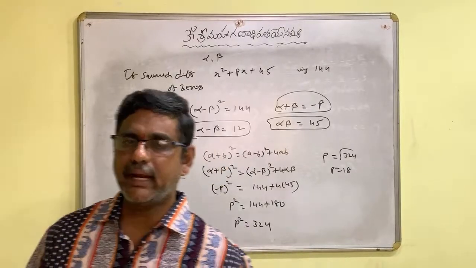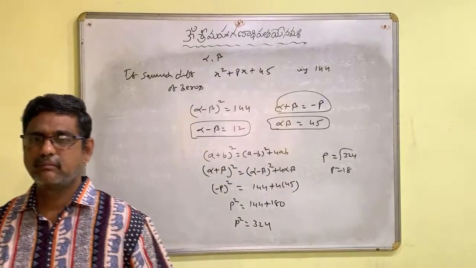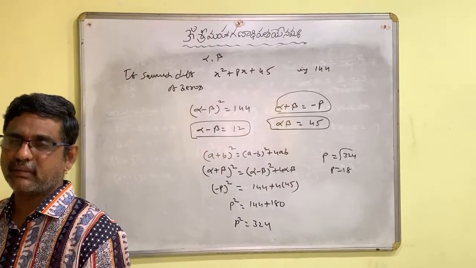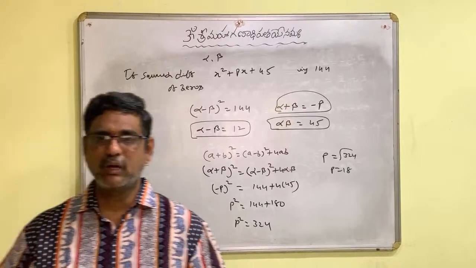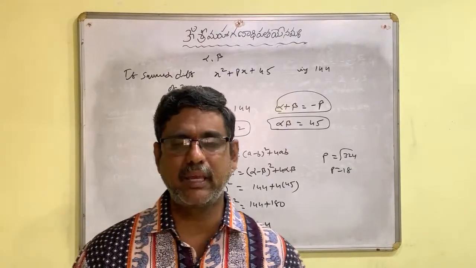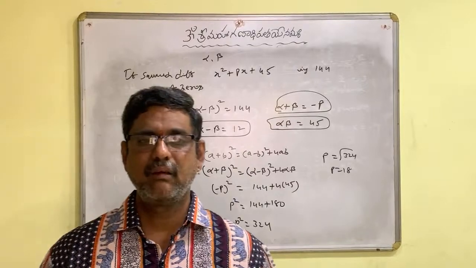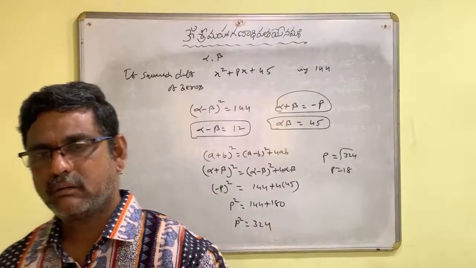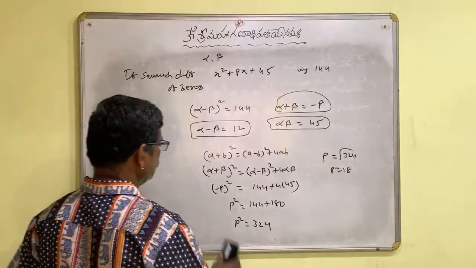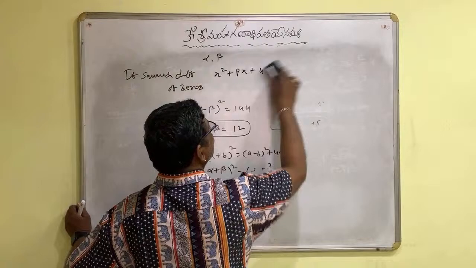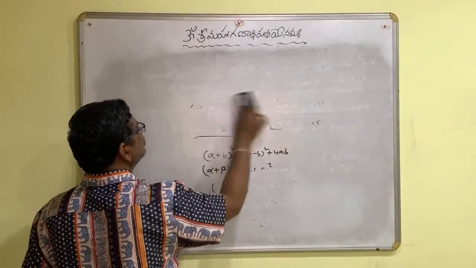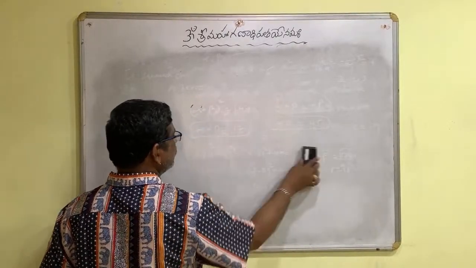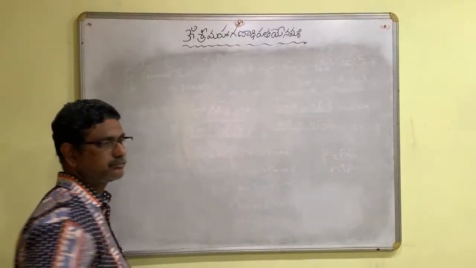If you don't know that identity, then you are not able to solve this problem. Like that, every problem contains one key point. If you know that key point, you can solve the problem. Otherwise, you are not able. So for each and every problem, there will be a key point. That is what you have to understand. Okay?